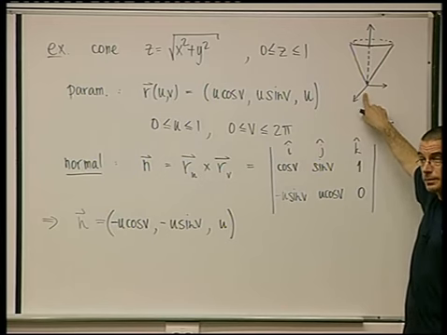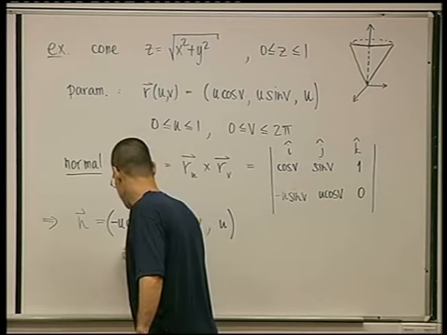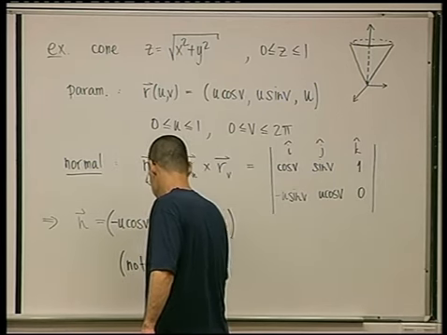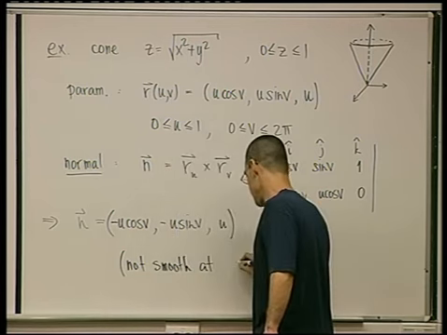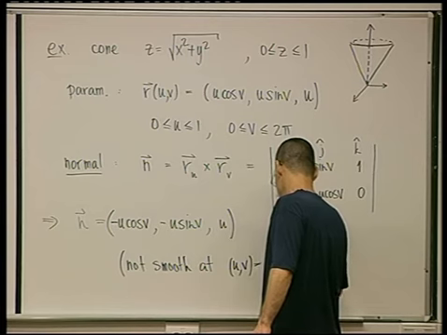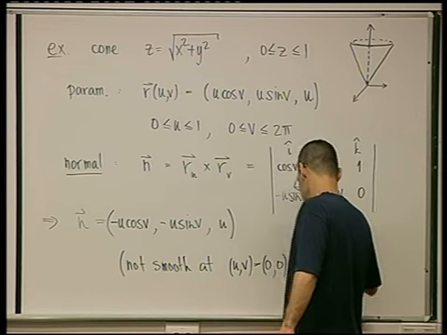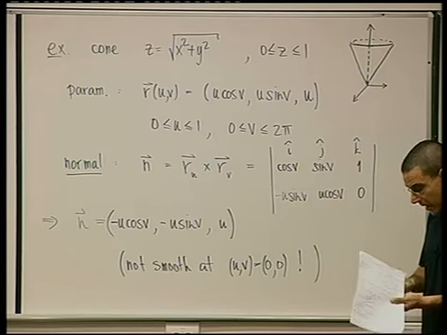Do you agree? Clear? Okay, so not smooth at (u, v) equals (0, 0).